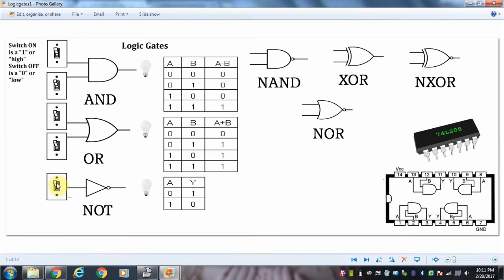If I turn the switch off, that means this is a level 0, and the inverter will switch it to a level 1, and that will turn on our light. So if the input is low, if the switch is off, it will turn on the light. If the input is high, like this, it will actually turn off the light.